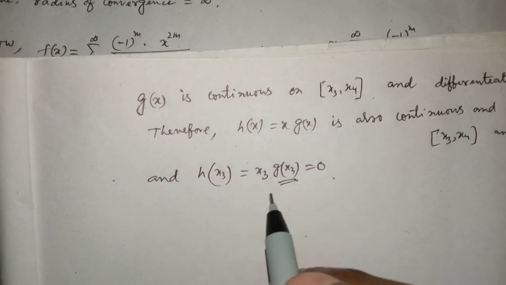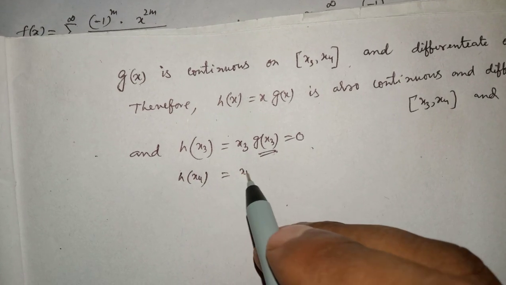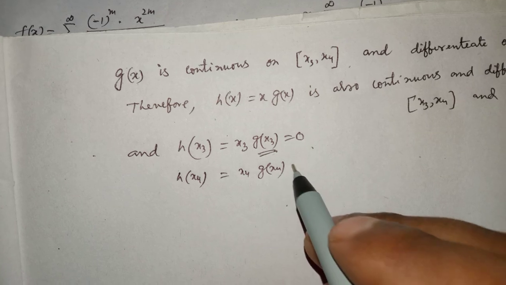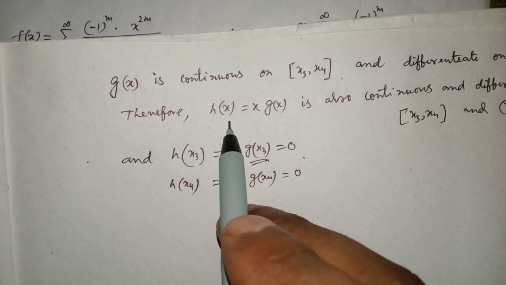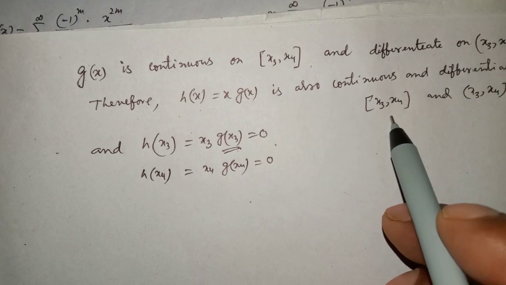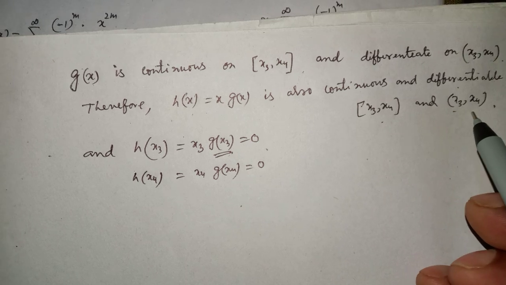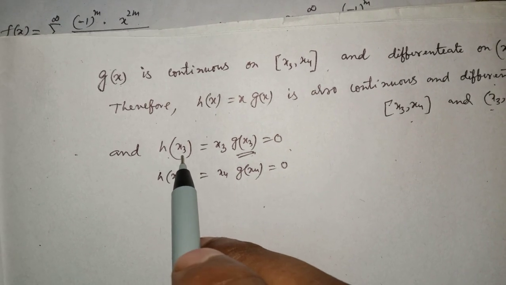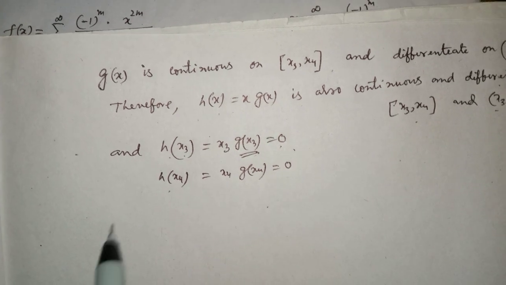Therefore h of x3 is equal to 0 and h of x4 is equal to x4 into g of x4, which is equal to 0. So h of x is continuous on x3 x4 and differentiable on x3 x4, and h of x3 is equal to 0 is equal to h of x4.